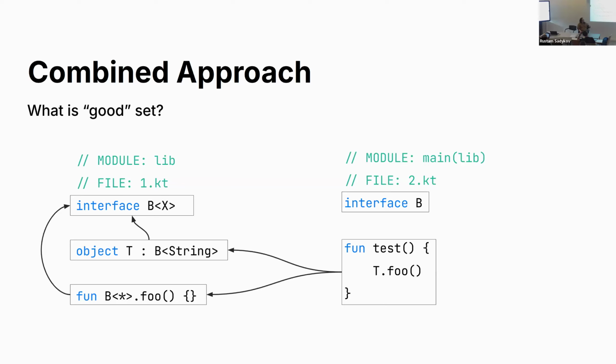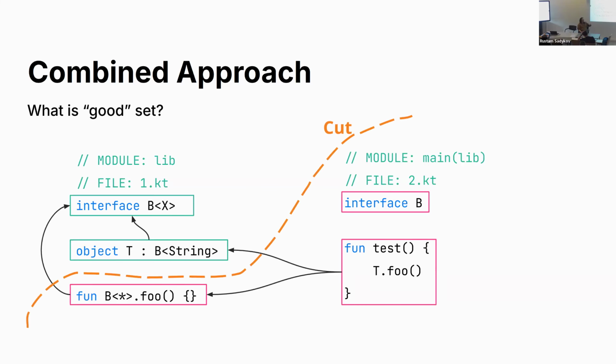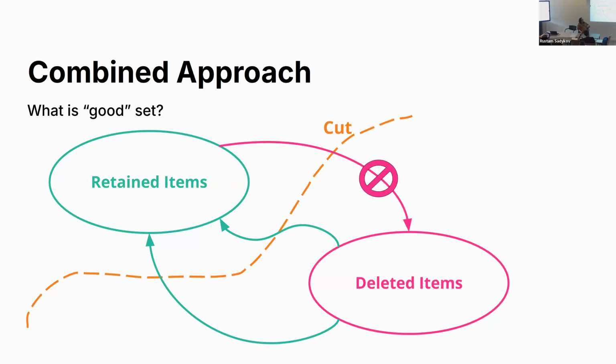It means that all retained items have all necessary dependencies. Basically, in terms of directed graphs, it means that we have a cut. We have some retained items and deleted items, and there are no edges from the retained ones to the deleted ones. That's the definition of a good choice of sets of items.